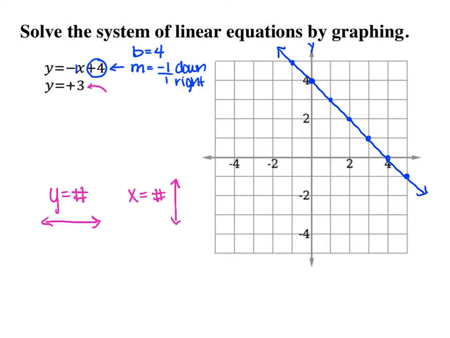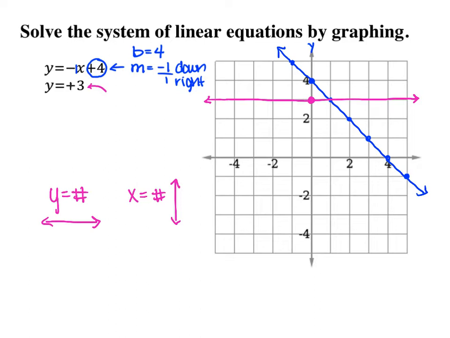So y equals 3 means I have a horizontal line at 3. I know the y value is going to continue to be constant at 3. So I put a point on the y-axis at 3, and then I draw in my horizontal line. So everywhere on that line, the y value stayed at 3.